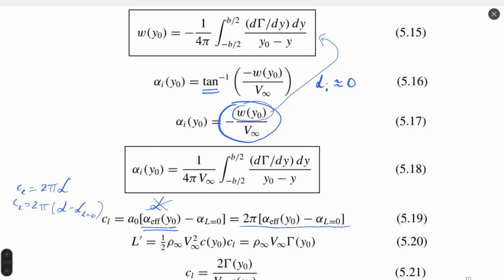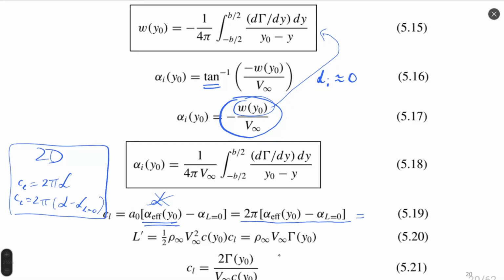So we can find a very similar definition of lift coefficient. This was for the 2-dimensional case, and this one is for the 3-dimensional case. Very similar formula. Instead of alpha, we use alpha effective, just with this difference, right? I hope you remember now that alpha exists for the 2-dimensional case, alpha effective exists for the 3-dimensional case.